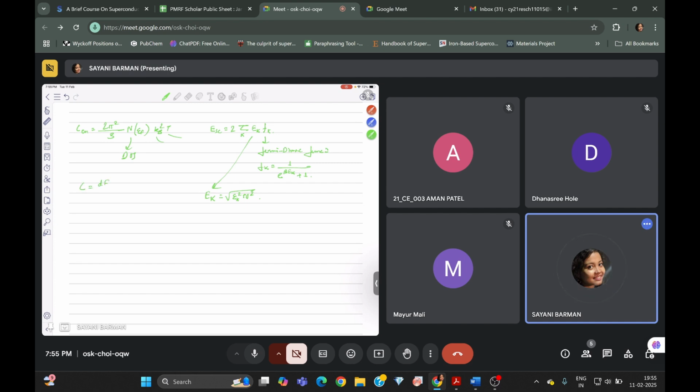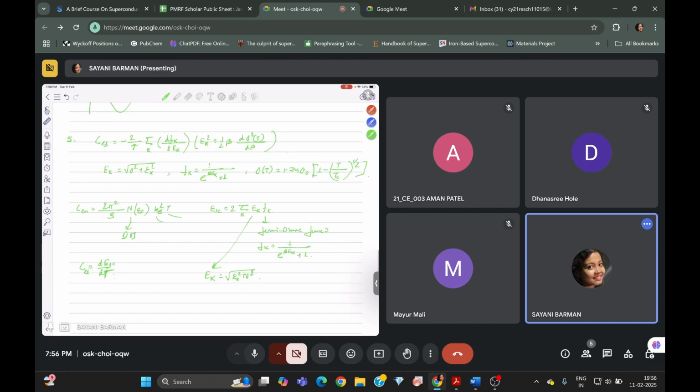Normally C equals d by dT of the energy. Now we have to differentiate this one. Let's say this is the energy of the superconducting state, ES, and this is the temperature, under the superconducting temperature, this term only.